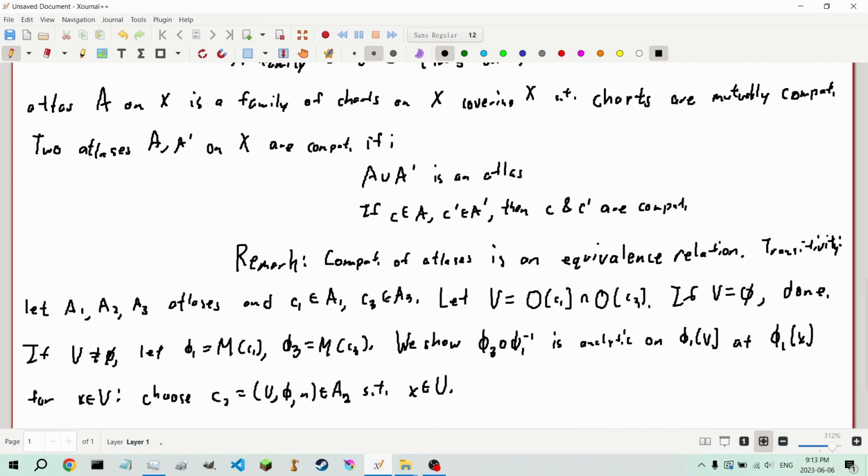And then, hang on, I think I messed up one little bit of notation here. I did not. They messed up a little bit of notation. I get it now. Okay.